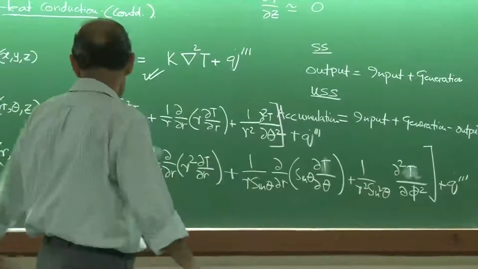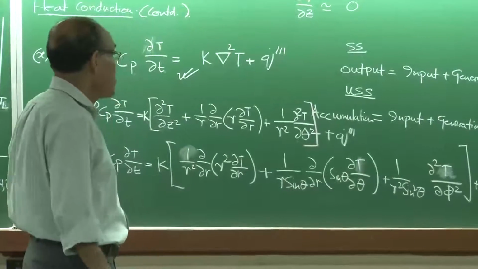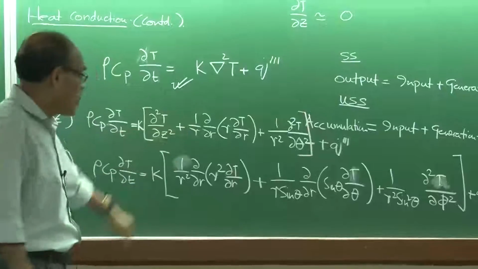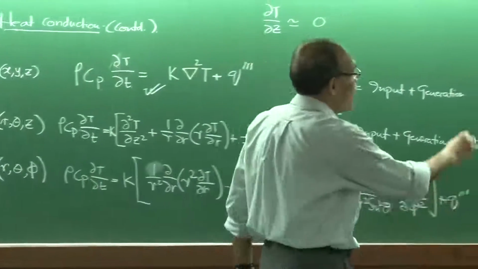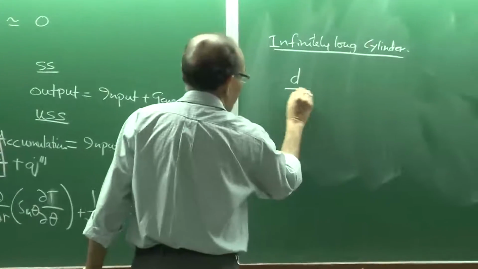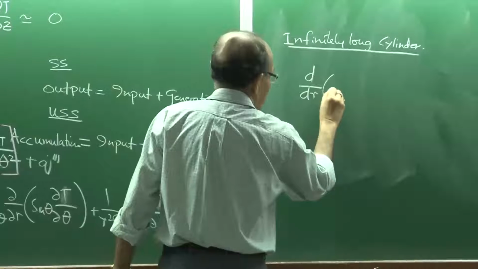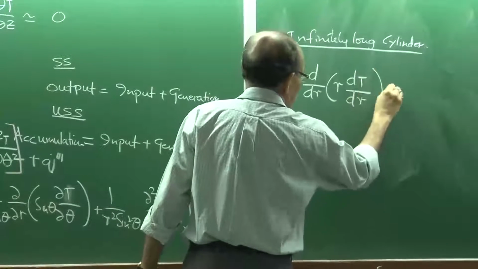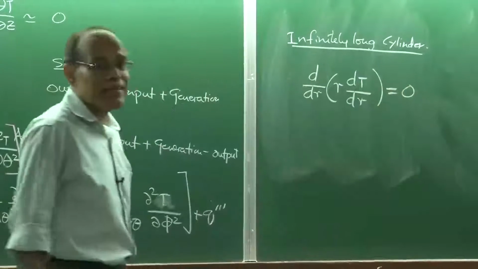Properties remain constant as I have written earlier, and there is no heat generation term. So, if you look at this particular equation, the governing equation will look like this, that is the characteristic equation.